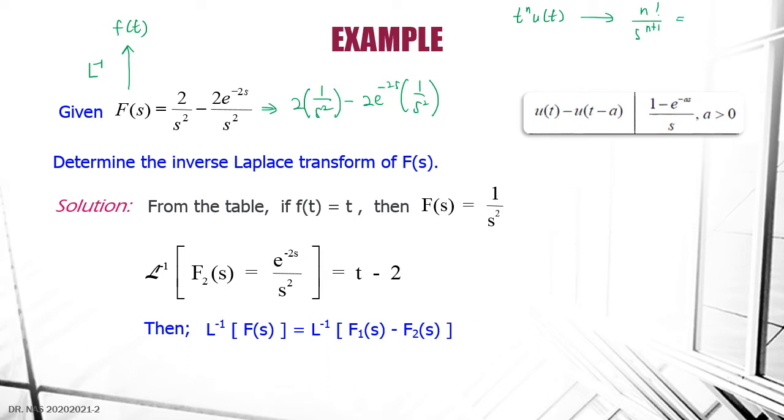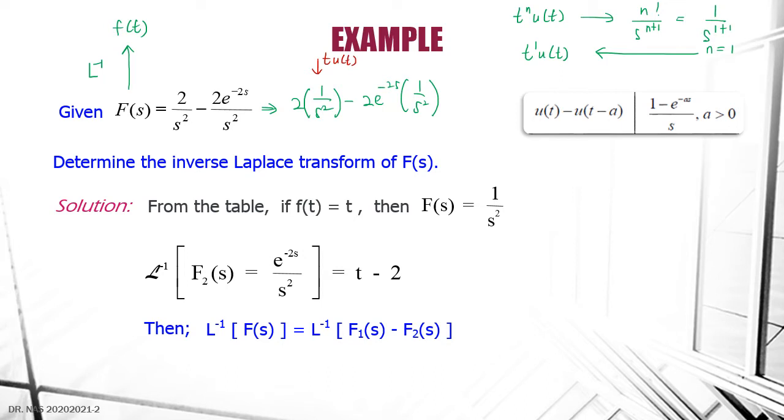Compared to the one you have, 1 over s to the power of 2 is 1 plus 1, so you know your n is equal to 1 in this case. So it is t u(t). In this component, in the time domain, it is equal to t u(t).